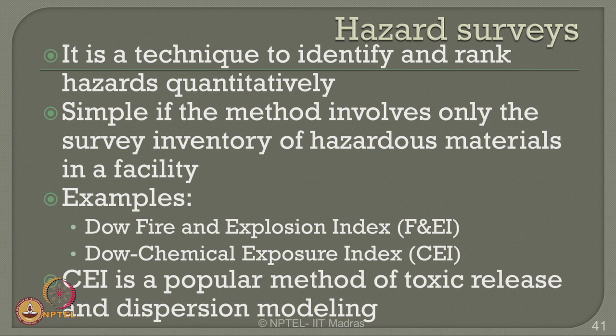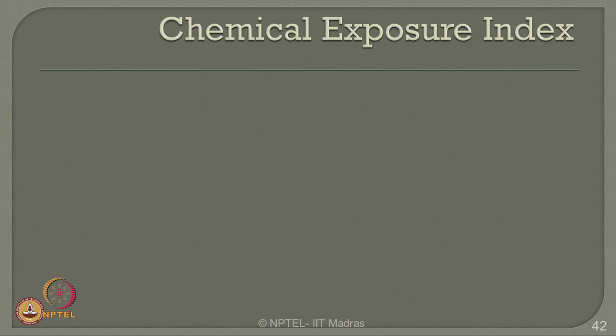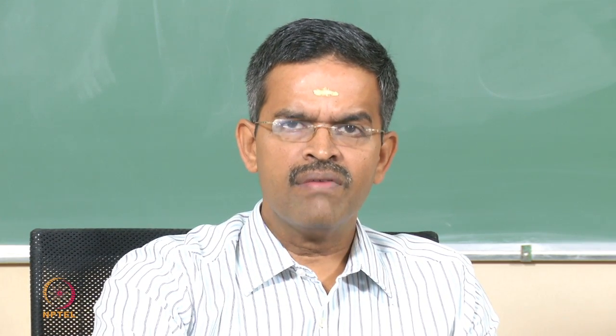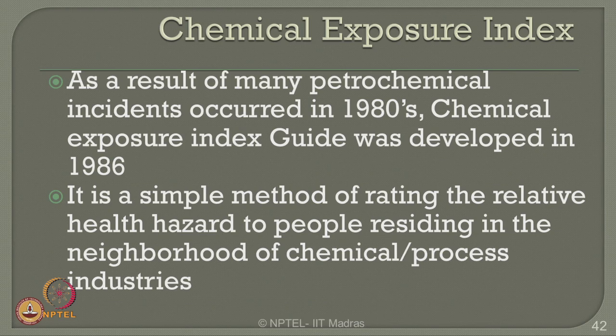CEI is one of the popular methods of toxic release and dispersion models practiced in oil and gas industries. Chemical Exposure Index is essentially an outcome of many petrochemical incidents that occurred in the 1980s. The Chemical Exposure Index Guide was developed in 1986 and is used as a procedure to evaluate risk analysis in process industries. It is a very simple method of rating the relative health hazard to people residing in the area where the process industry is located.